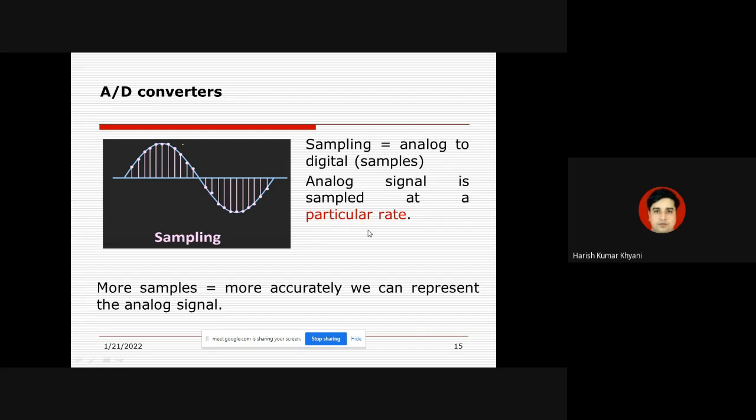Please take note of that, because in order to decide the sampling rate, we make use of a theorem that is known as the sampling theorem. And the most important thing is, if we are using more samples, then at the output side we can represent it more accurately. So what is this theorem?